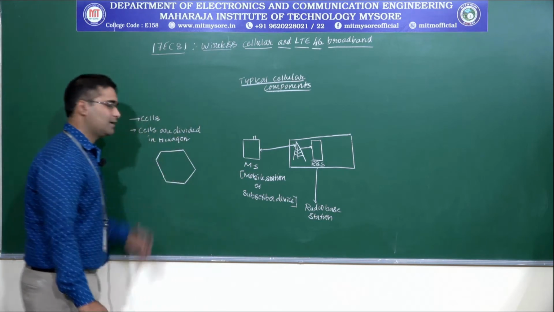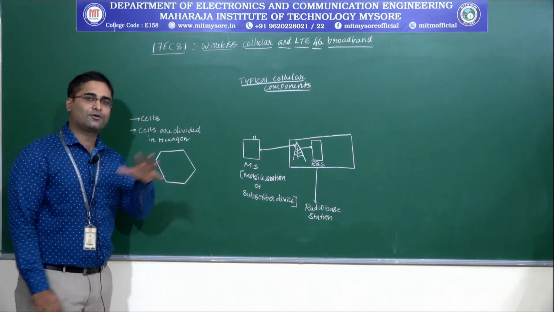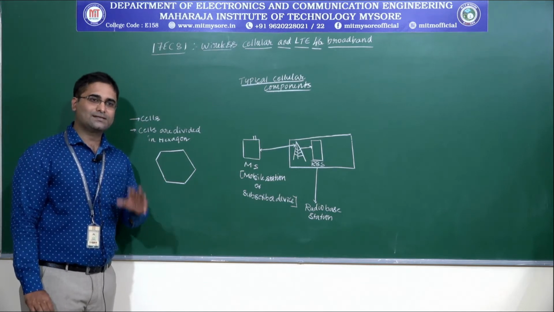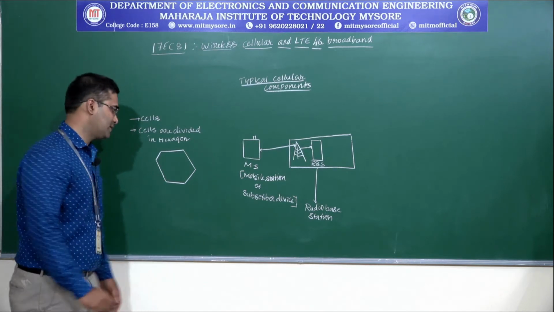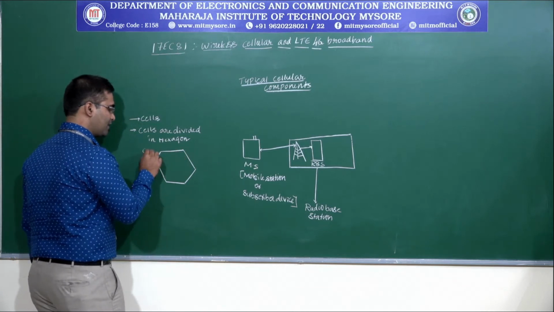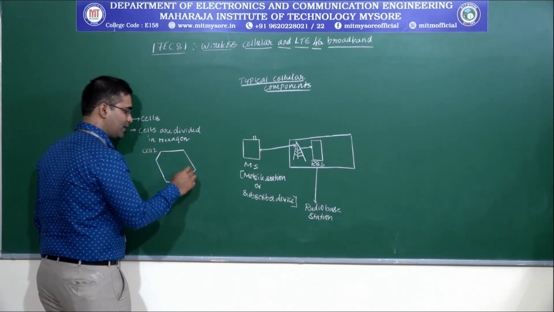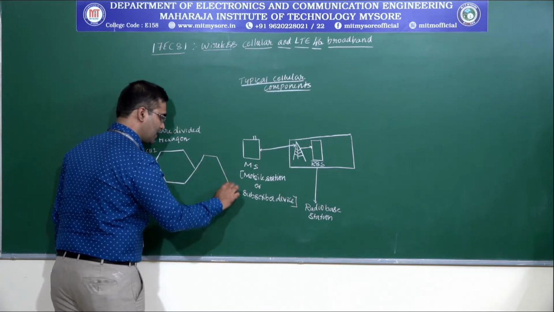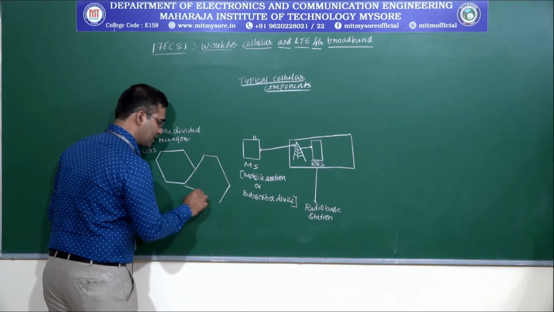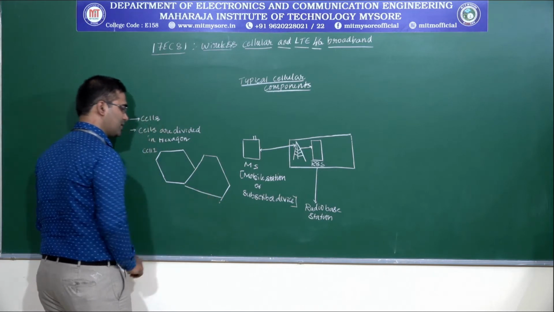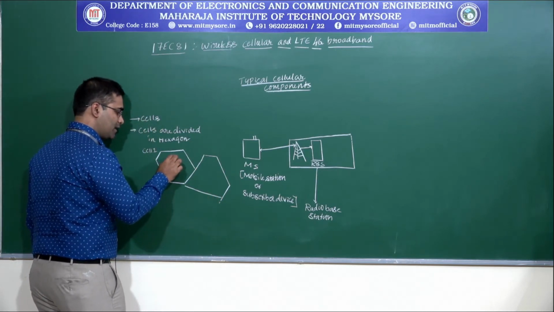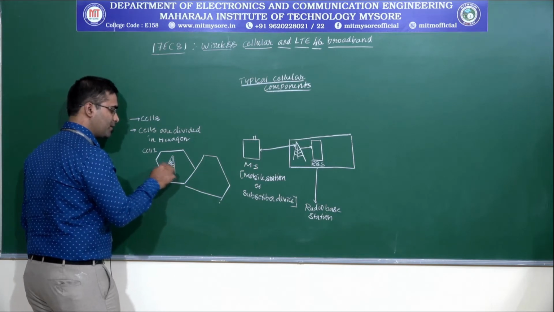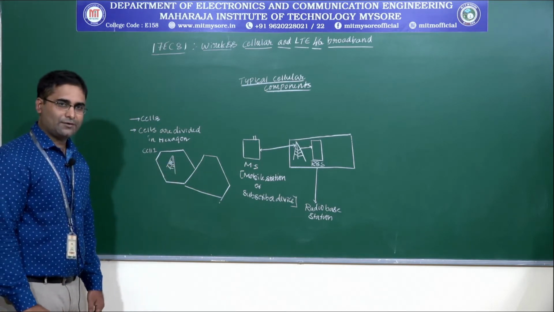When we take this particular example, as we have told, an area is divided into cells and the cells are represented in terms of a hexagon. If you take this as cell 1, and we will write another cell which is represented in terms of a hexagon, and in a cell we do have a tower, or it is called a radio base station.